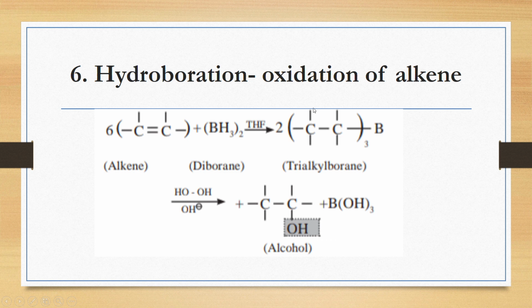So this bracket part will take up 3 OH groups, boron will take up 3 OH groups, and we will get primary alcohol as the product.